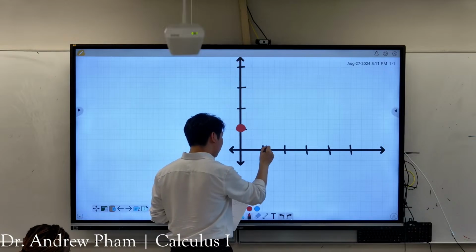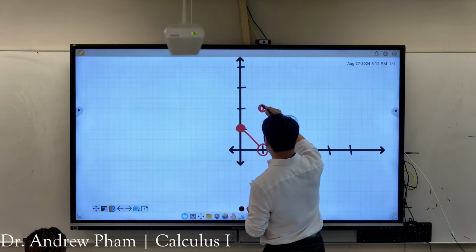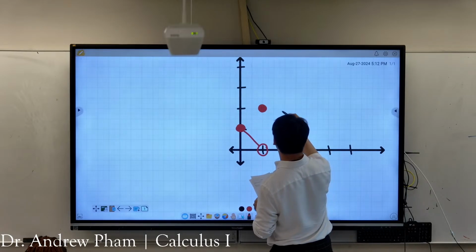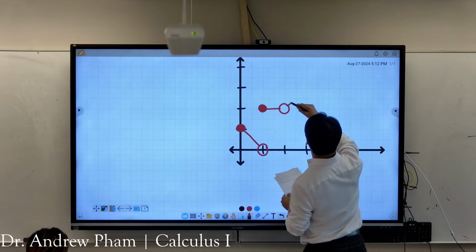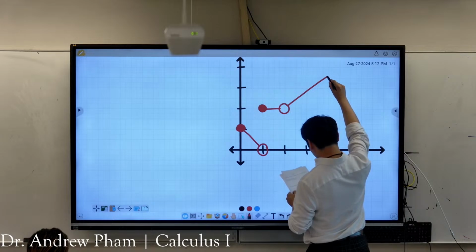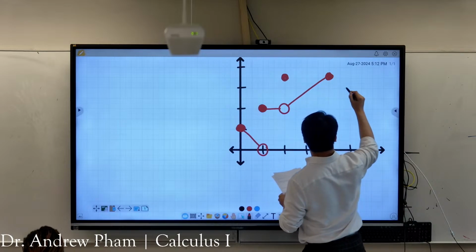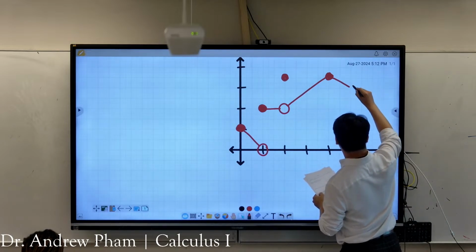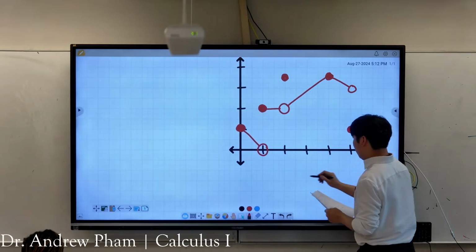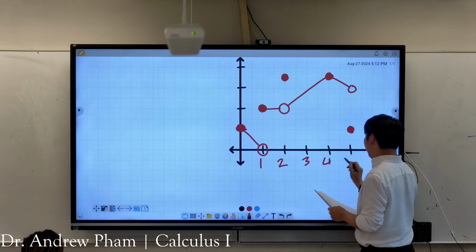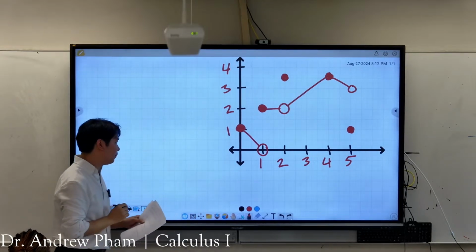Dot here, open circle, line, like so. Put one here, and let's do this. 1, 2, 3, 4, 5. 1, 2, 3, 4. Give or take.